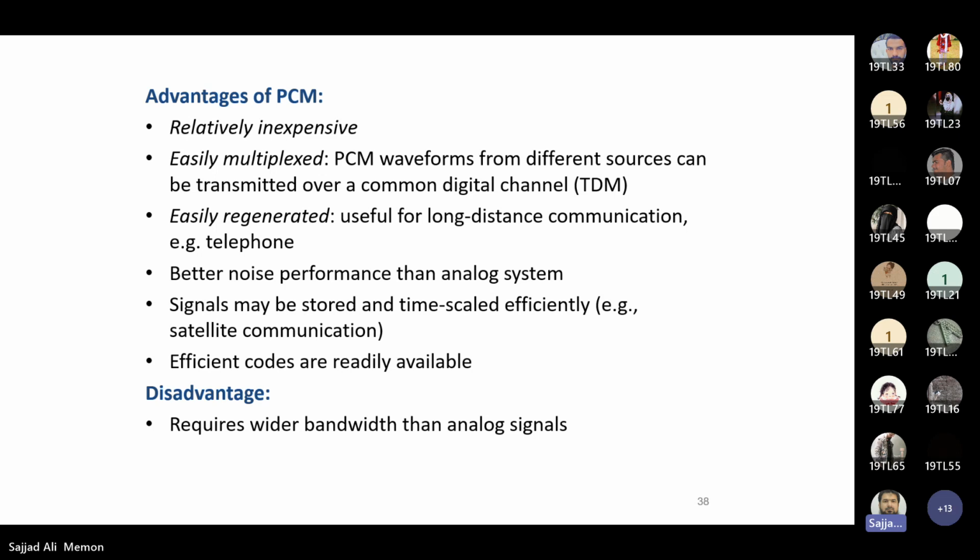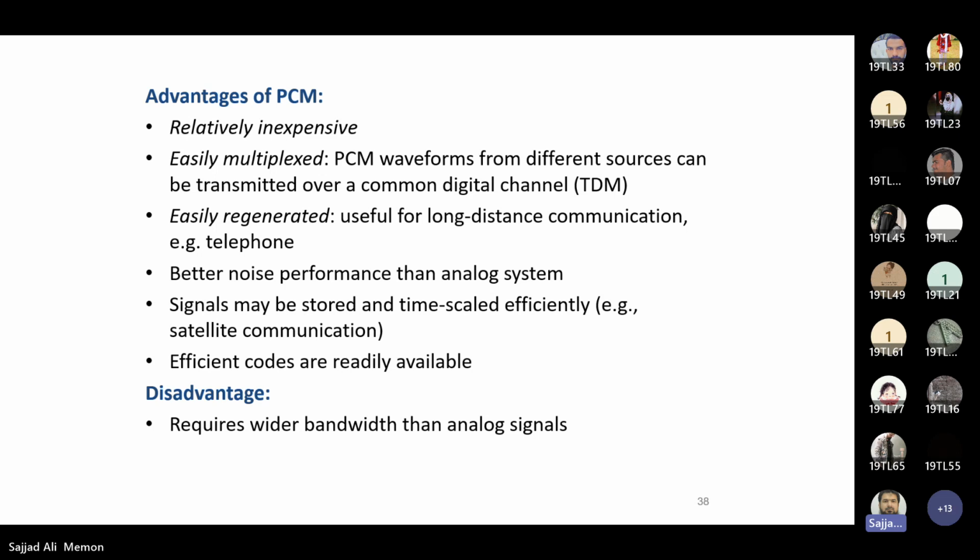If we combine 31 PCM channels, we can have a single output of 2.048 megabits per second. Similarly, we can multiplex 4 E1s to make E2, that is of 8 point something megabits per second, and so on.